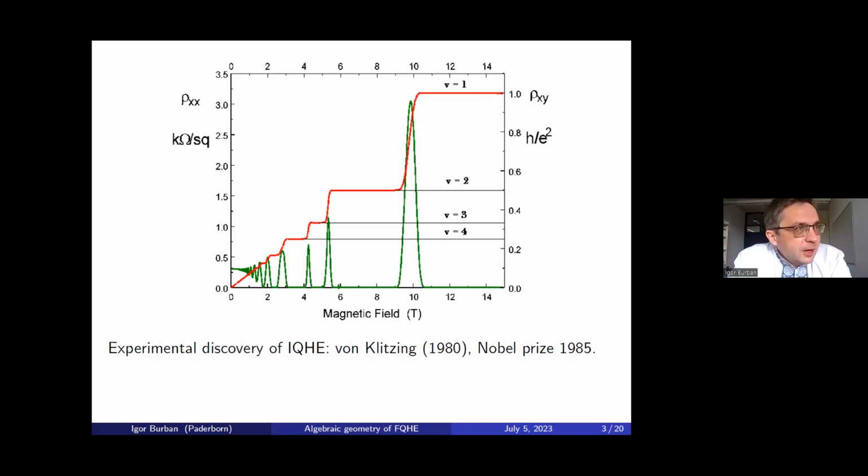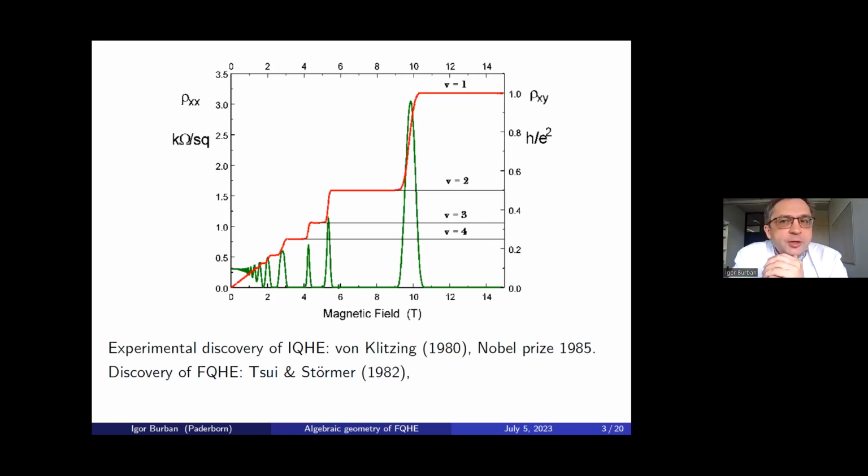Two years after the discovery of von Klitzing, other experimentalists, Tsui and Störmer, discovered that in very pure samples, the value of Hall conductance can take also fractional multiples of von Klitzing's constant.